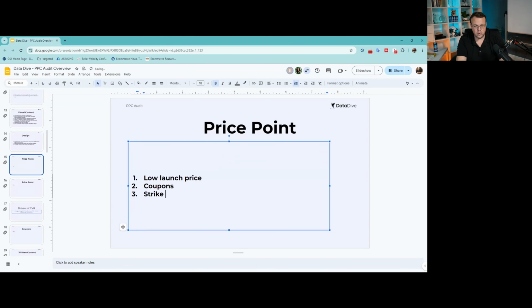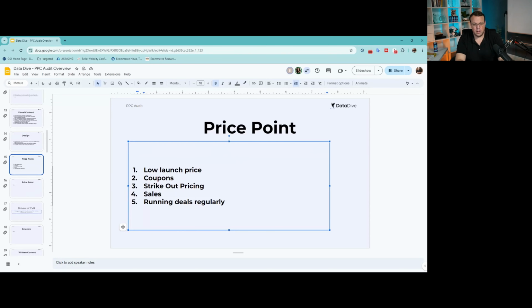Coupons, strikeout, sales, deals, all of these things are going to impact click-through rate and conversion rate around price point. And these are ways that you can help.